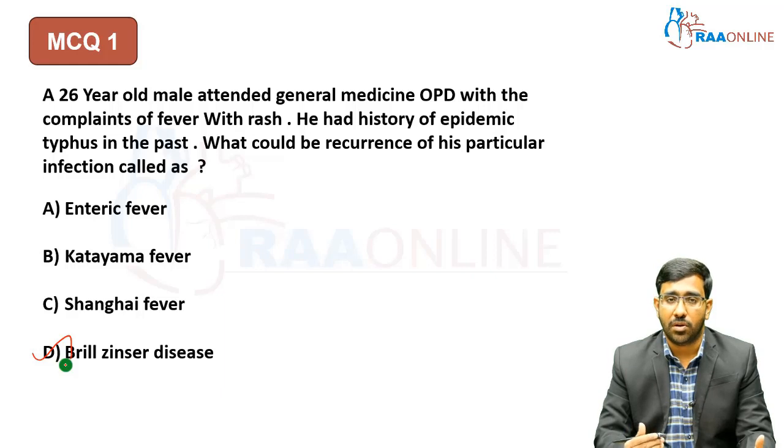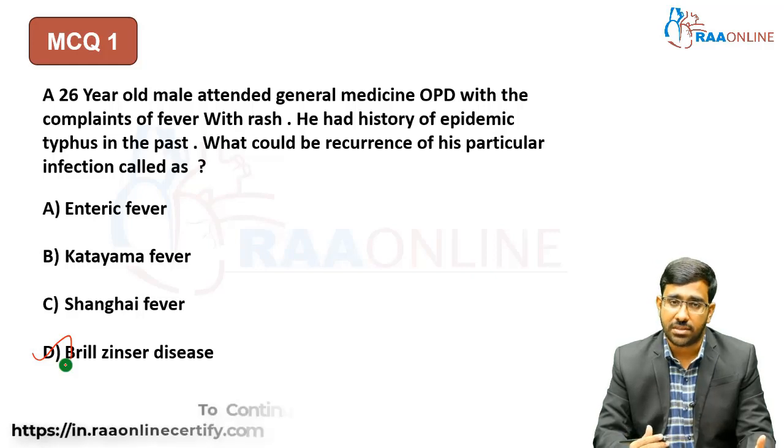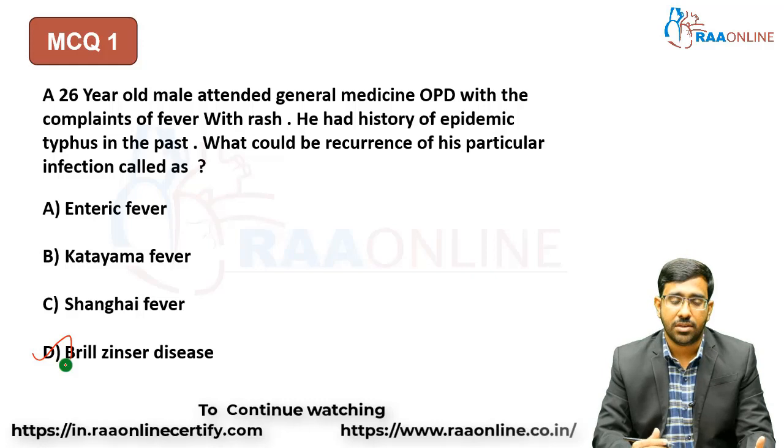The causative agent belongs to the Rickettsial group, the typhus group, which is caused by the organism Rickettsia prowazekii. So it is a recrudescent Rickettsia prowazekii infection, that is recurrent epidemic typhus, which is called Brill-Zinsser disease. And when we do the Weil-Felix test, it can come out negative or weakly positive. So that's about Brill-Zinsser disease.